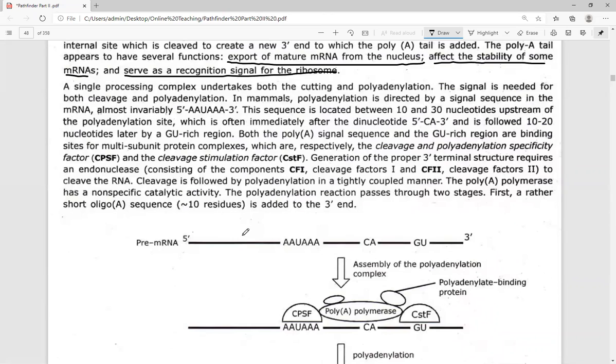As the mRNA is being transcribed, there is a signal sequence being produced, AAUAAA. It is this AAUAAA signal sequence that helps in the transfer of CPSF from the RNA polymerase over to the transcript which is being produced.